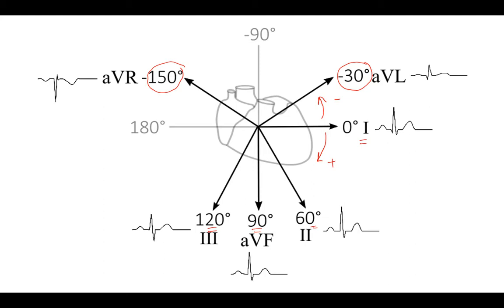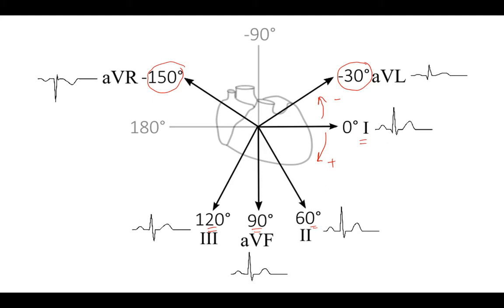Now what do I mean with this direction of all these leads? It is that whenever a current passes towards the direction of a lead, it will record a positive deflection.